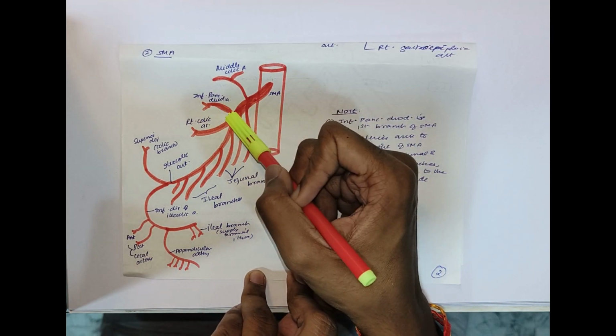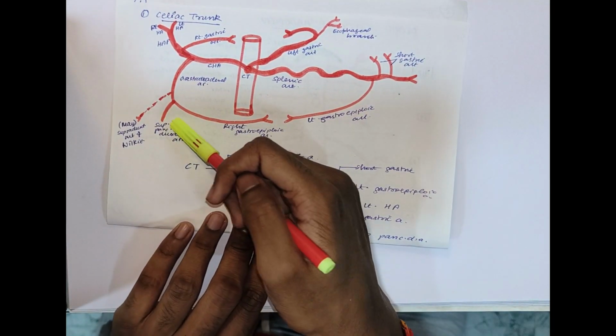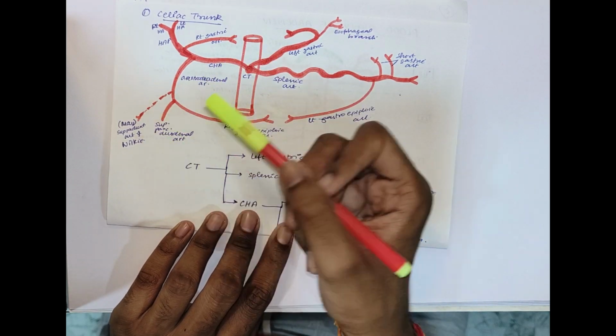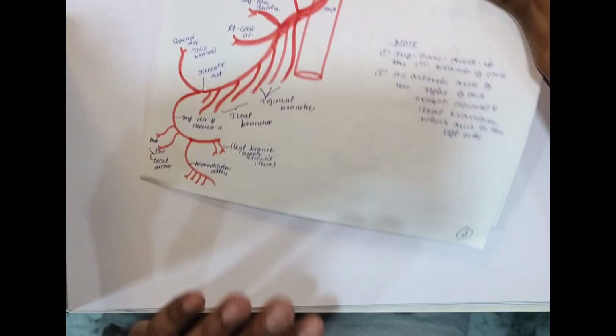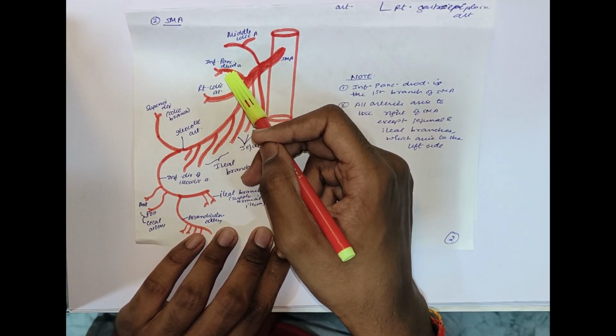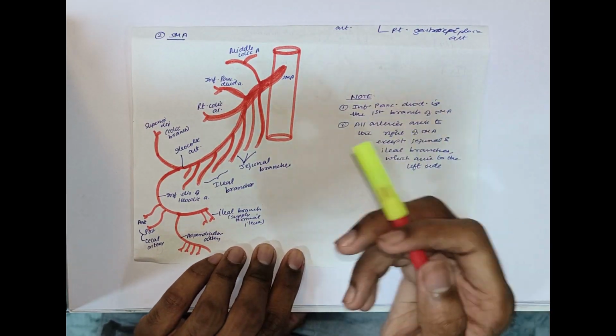It gives off the inferior pancreaticoduodenal artery. Remember, the superior pancreaticoduodenal artery was a branch from the gastroduodenal artery, which was in turn a branch of the celiac trunk, whereas the inferior pancreaticoduodenal artery is a branch of the superior mesenteric artery. This can be framed as a question for your MCQs.